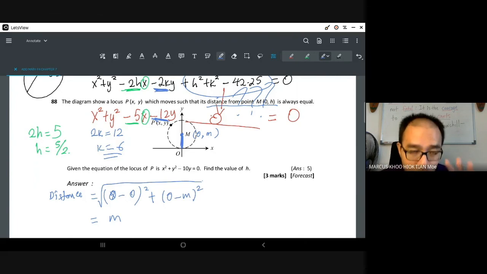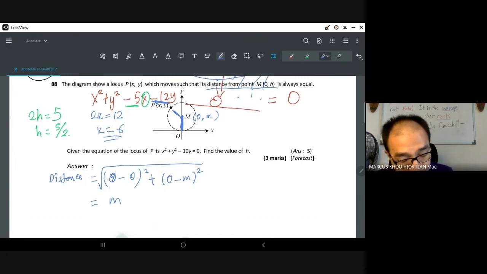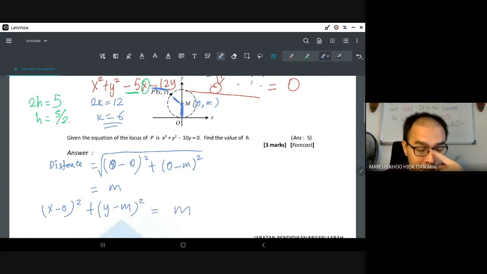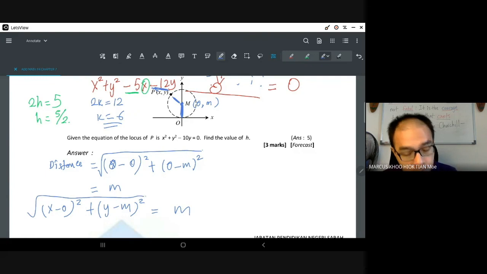So let's now put it with this. So the square root of x minus 0 squared plus y minus M squared equals M. That is the equation of the locus.